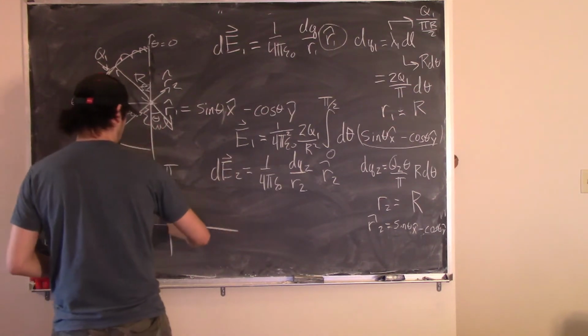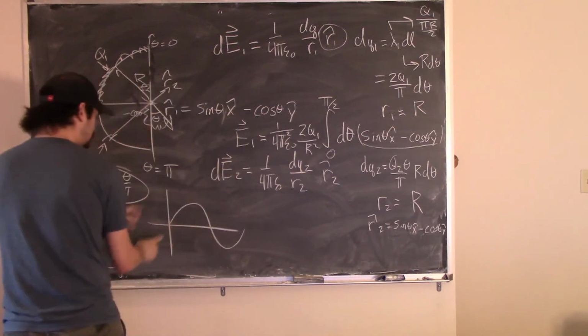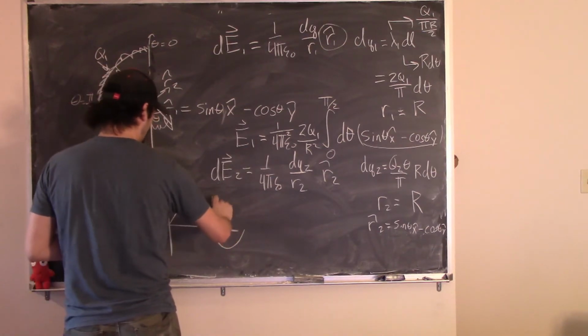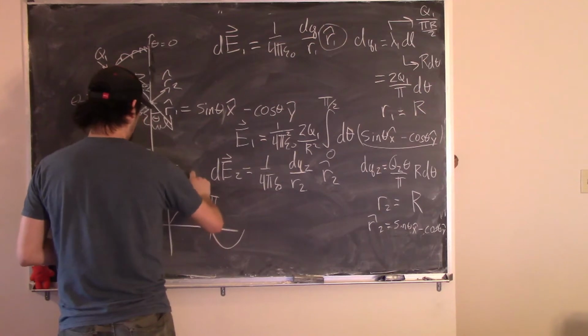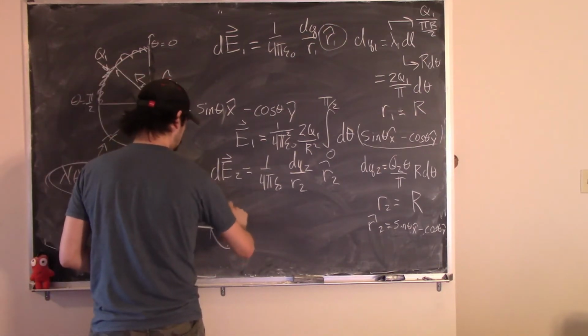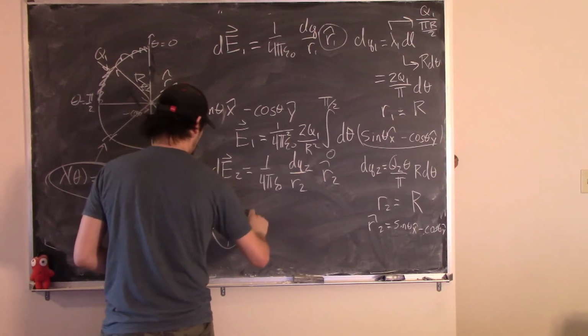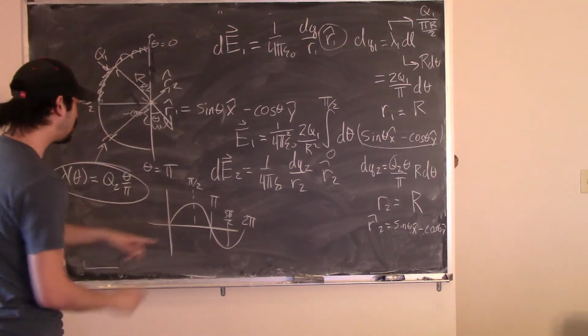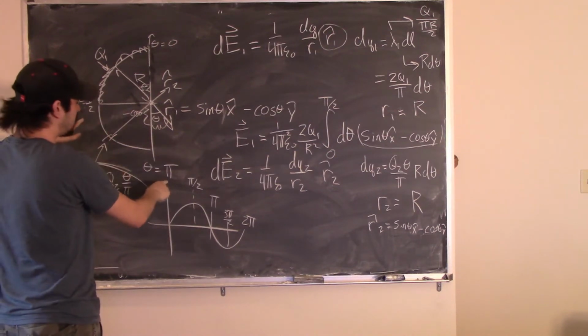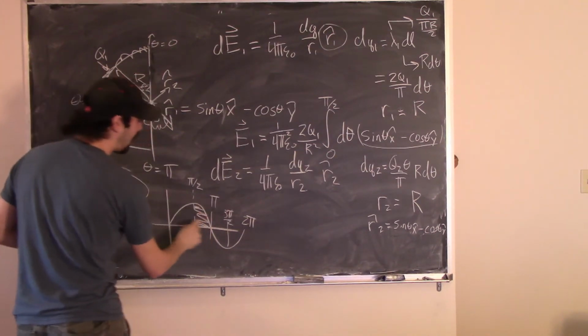So if I plot sine of theta, this is sine of theta over one period, and so this is going to be pi here. This is pi over 2. This is 3 pi over 2, and this is 2 pi. So in the region between theta equal to pi over 2 and theta equal to pi, sine of theta is positive.